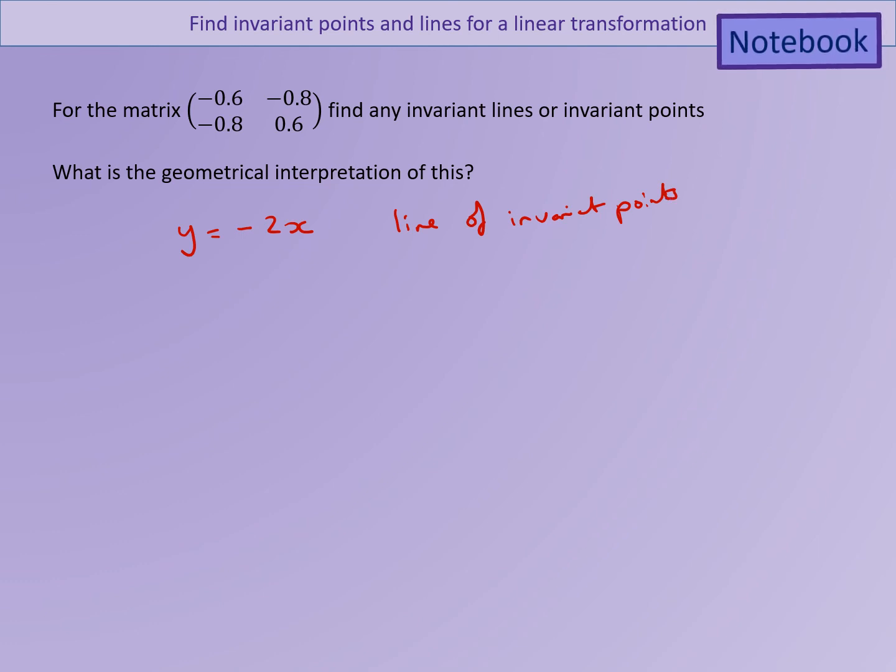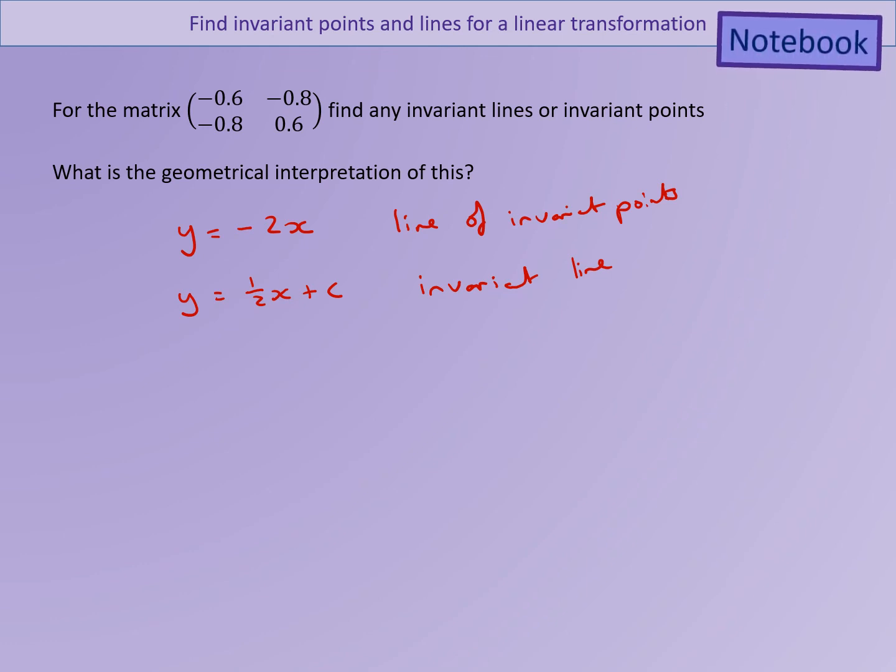That can be found by doing the matrix times (x, y) equals (x, y). By then using the process to find any other invariant lines, we will also find that y equals a half x plus c, where c is any constant, is an invariant line. And so there's an infinite number of invariant lines, y equals a half x plus any value of c.